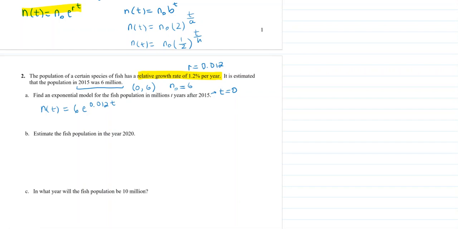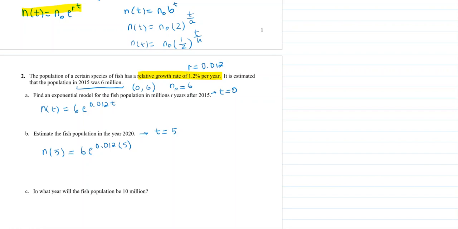So what's the fish population in the year 2020? Well, if we're counting from 2015, 2020 corresponds to t equals whatever 2020 minus 2015 is, which is 5. So all you have to do for this part is just plug in 5 for t, and just plug all of that into your calculator.